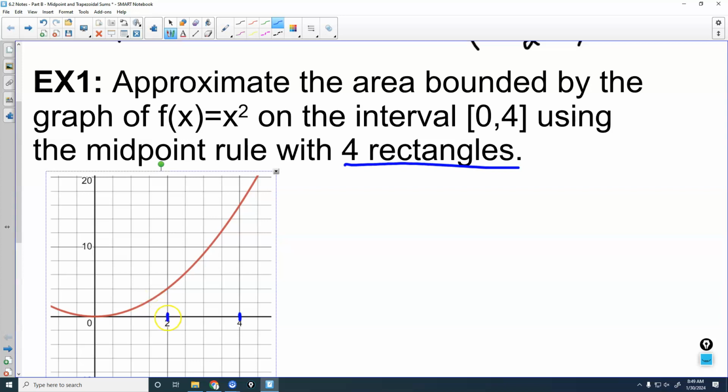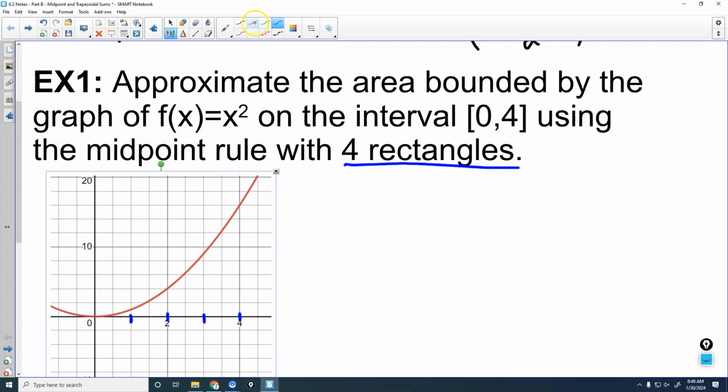So I'm going to split this into 4 different sections right here. And what I'm going to do for this, instead of putting the left corner or the right corner of my rectangle on the graph, I'm going to put the middle of the rectangle on the graph.